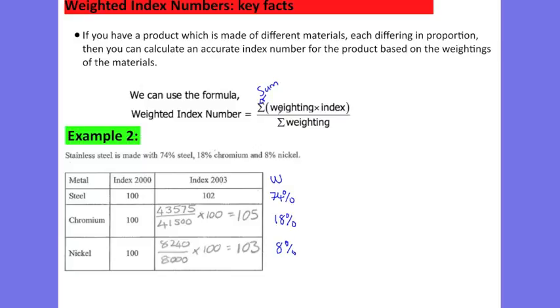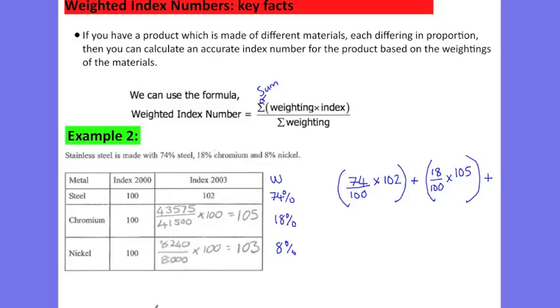Now we're going to use this to be able to find the weighted index number. So here we are going to find the total of the weighting multiplied by the index. So let's have a look at the first one. Here we have the weighting, 74, times by the index, 102. The weighting here, as a percentage, we must divide by 100. We are then going to add the weighting for chromium, 18, divided by 100, times by 105.